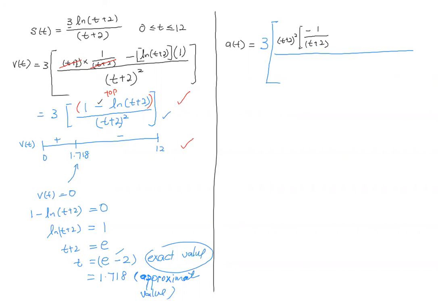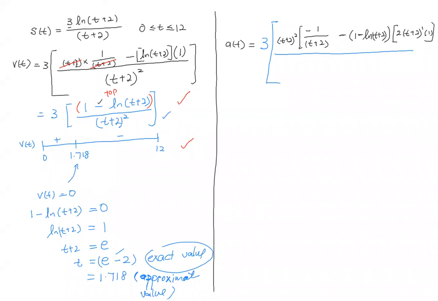Take away the top, 1 minus ln(t plus 2), times the bottom. You have to use the chain rule: 2(t plus 2) to the power 1, derivative of t is 1.